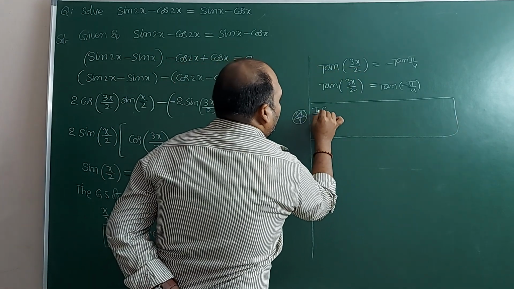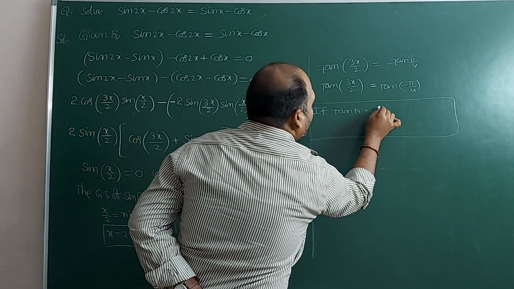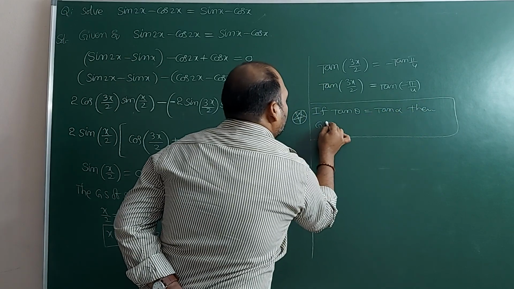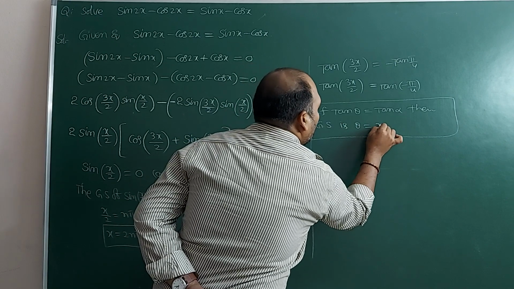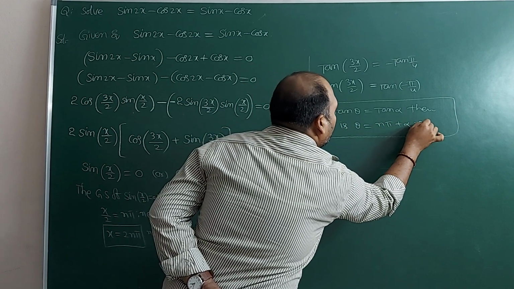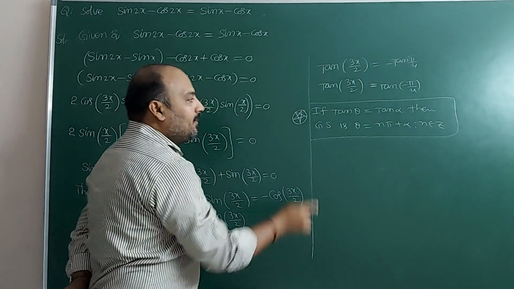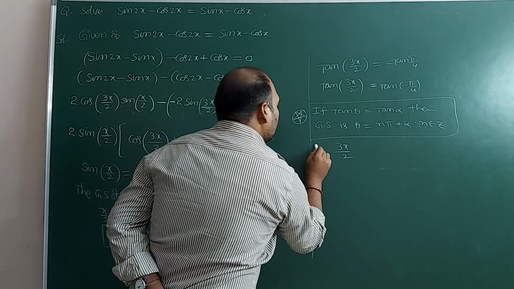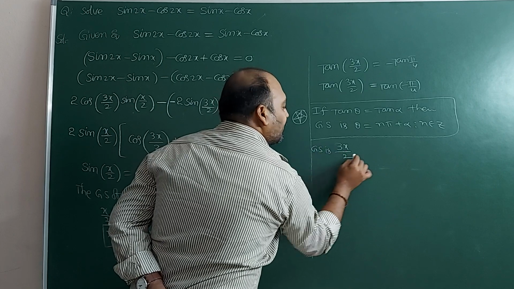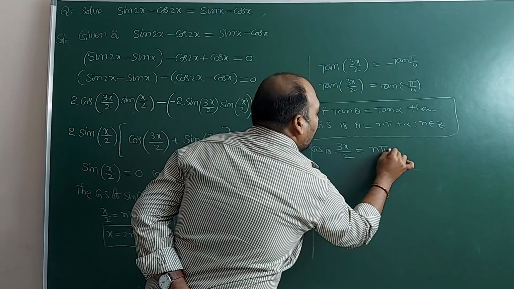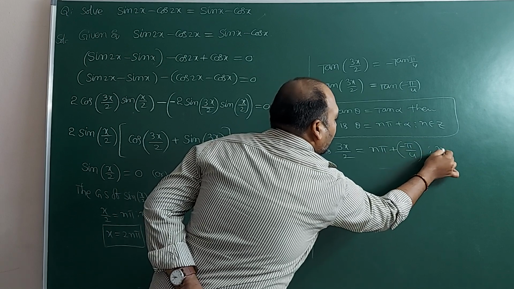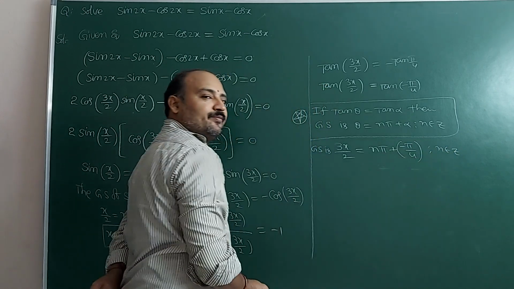So if tan theta equal to tan alpha, then general solution is theta equal to n pi plus alpha, where n belongs to z. In place of theta, what value is there? 3x by 2. So general solution is 3x by 2 equal to n pi plus alpha value minus pi by 4. N belongs to z.